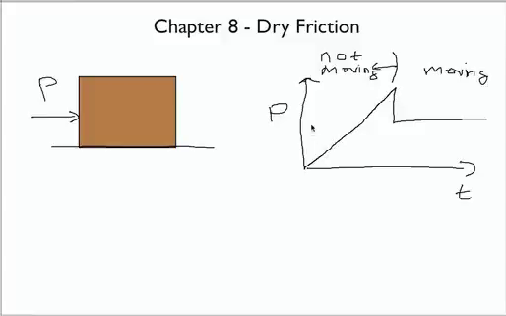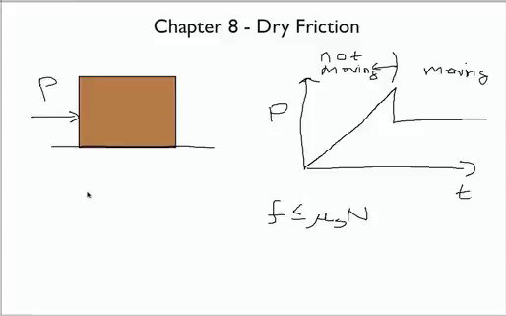All right, so the friction force is governed by two laws, typically known as Coulomb's laws. One, in the not moving state, the friction force F is less than or equal to some coefficient times the normal force.